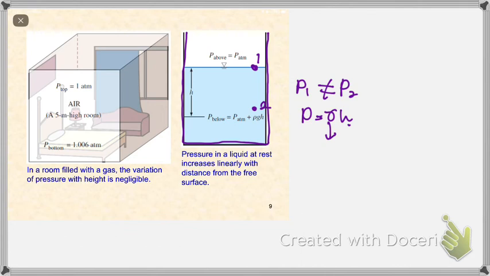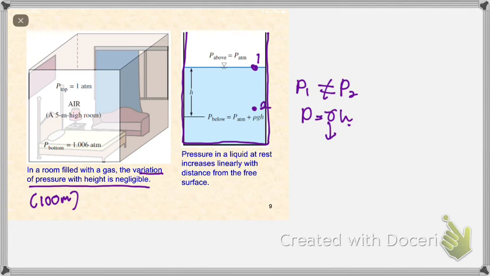But an exceptional case is for gases, especially for air. For air, the variation of pressure with height is negligible, up to maybe around 100 meter.